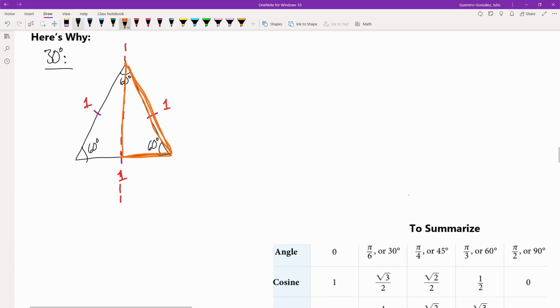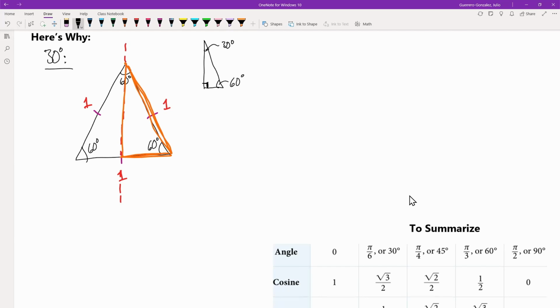Okay, so we have this kind of triangle going on now, right? Okay, this is a right angle. We know that this is 60 degrees, right? Which means, since we sliced it down the middle, this should be 30 degrees, right?